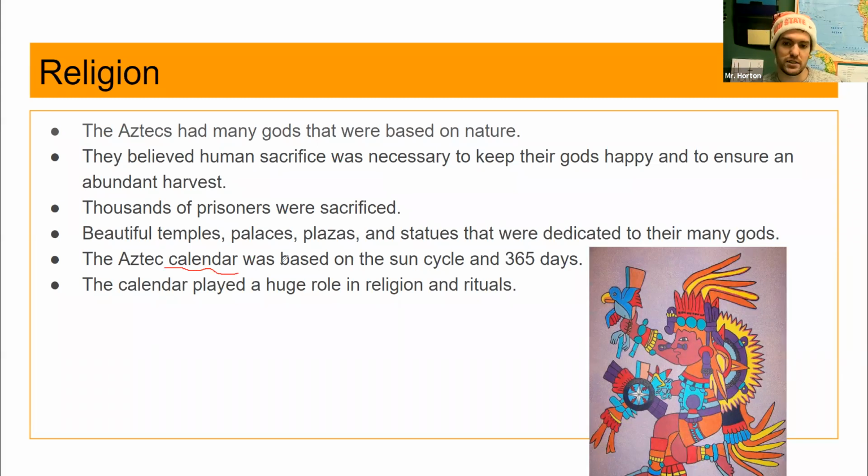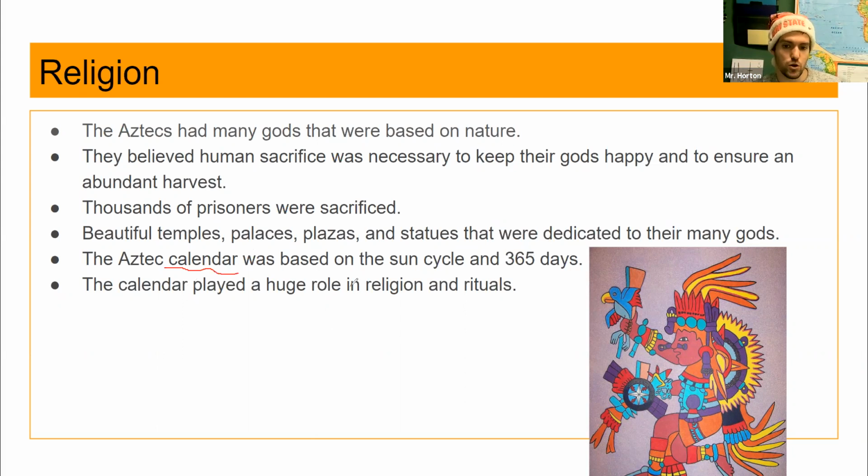And this calendar was based on a sun cycle, which lasted about 365 days. Actually, this calendar is very similar to the calendar that we use today, because our calendar is based on the Earth revolving around the sun. And the calendar goes 365 days, just like ours.